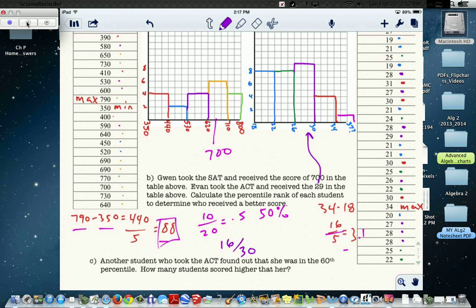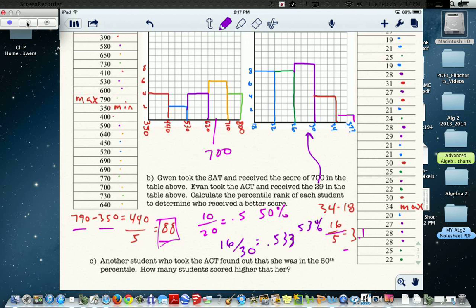And if you do 16 divided by 30 on a calculator, you're going to get about 0.533. Now that's close enough that if somebody is asking me what the actual percentile rank is, I might grab these numbers, order them a little closer, but that's about the 53rd percentile. So Evan scored a little bit higher ranking, if you will.